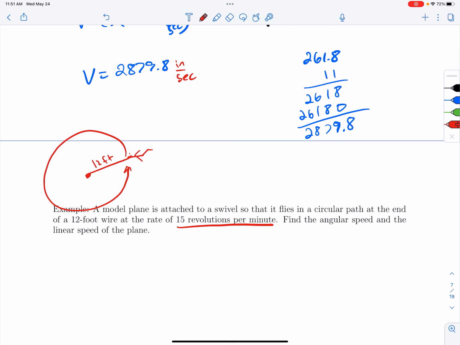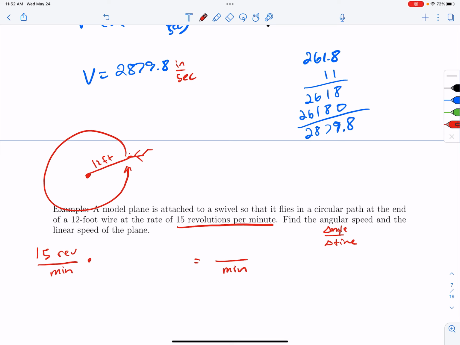For the angular speed, remember angular speed is change in the angle divided by the change in time. I have 15 revolutions per minute. This doesn't say what unit to find the angular speed in, so I'm just going to have our unit of time be minutes, so that I don't have to change that.